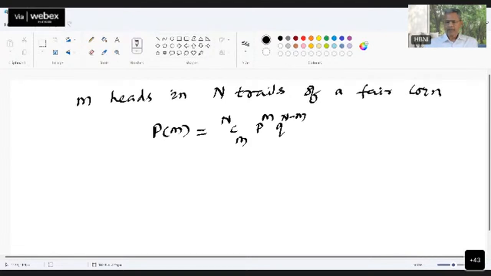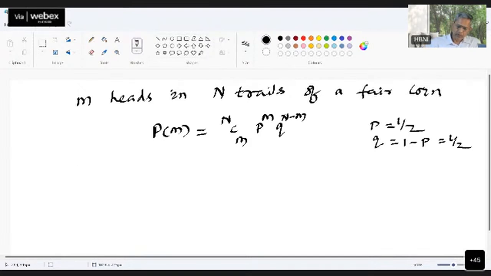This will be the probability of observation. Suppose you also want to plot the probability of finding 0 heads, 1 head, 2 heads, 3 heads out of n trials. The probability is given by this, where p is half and q is equal to 1 minus p, that is also half.